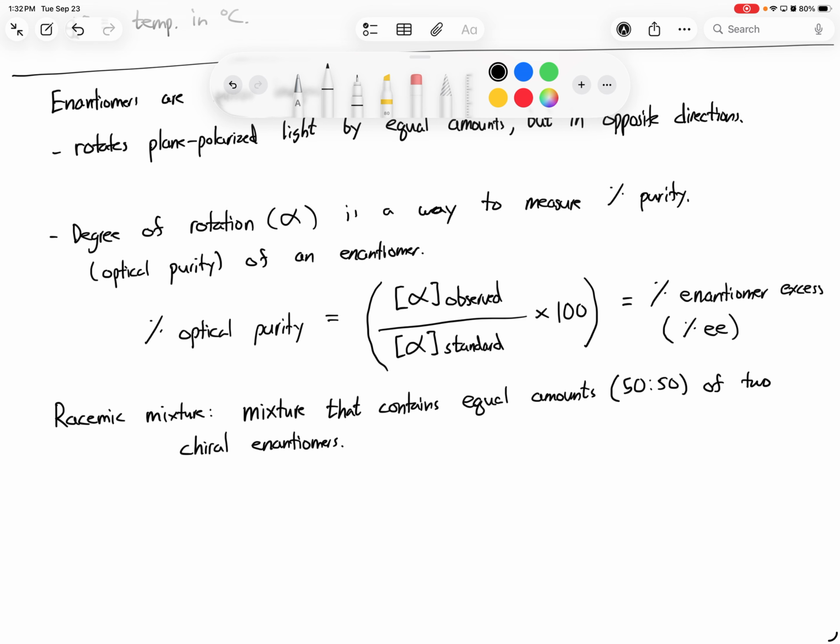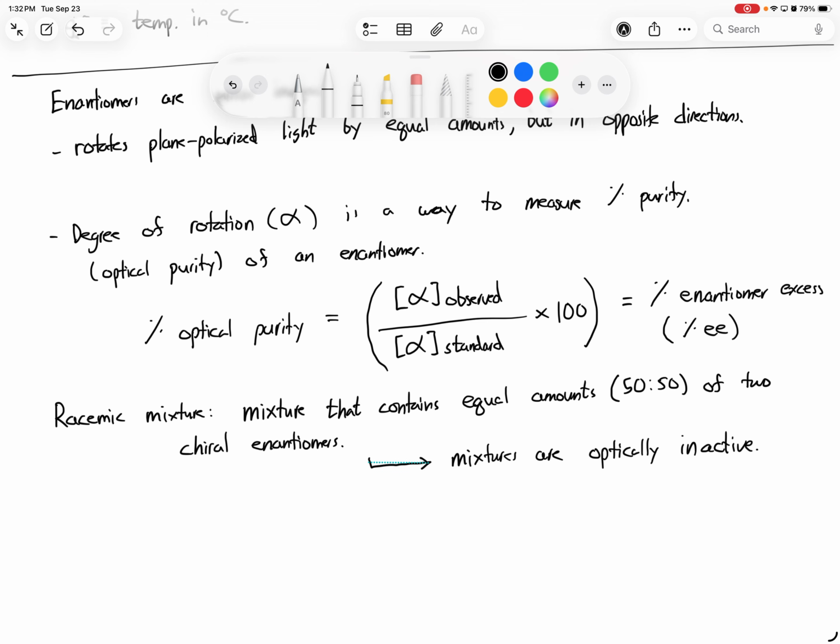Okay. So if they're equal amounts, would your mixture be chiral though? What do you guys think? Let me ask it a different way. Would this mixture be optically active? No, right. So such mixtures are optically inactive.